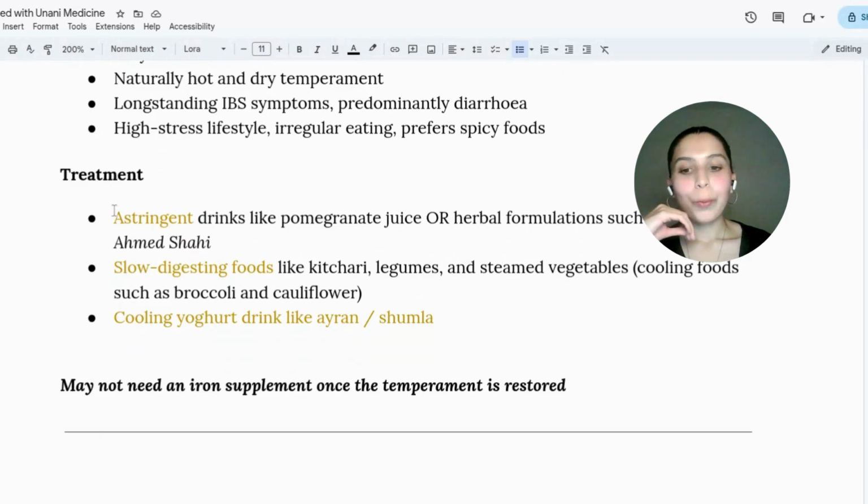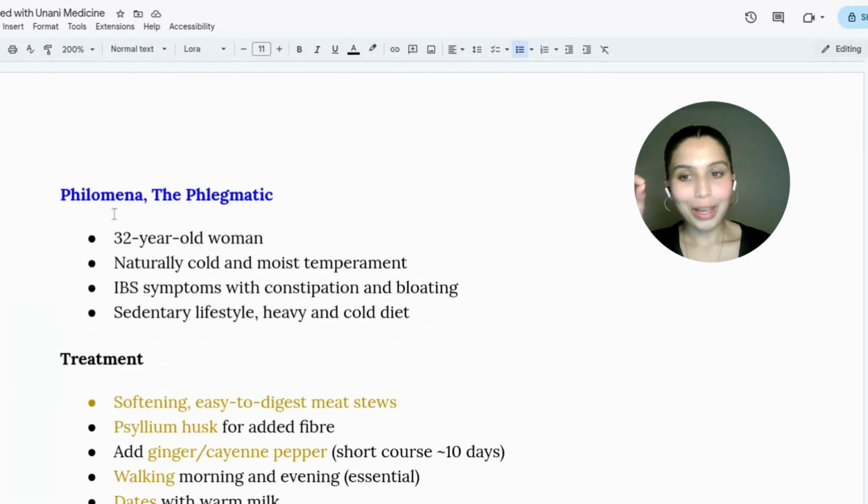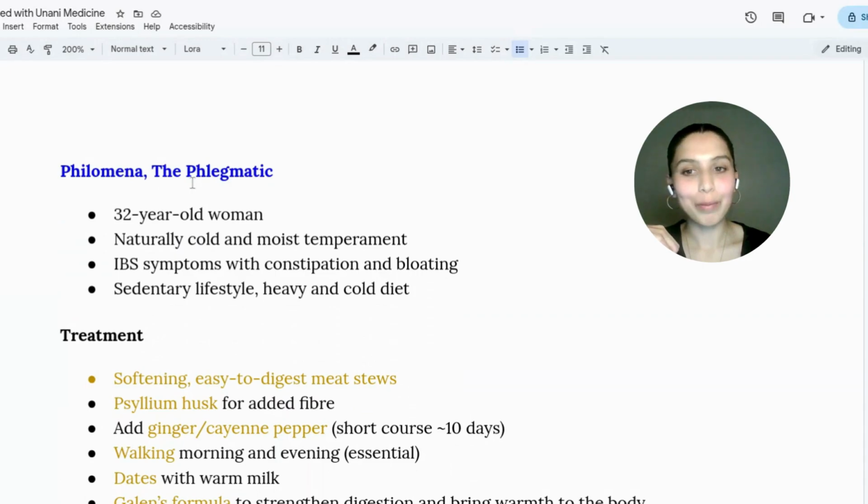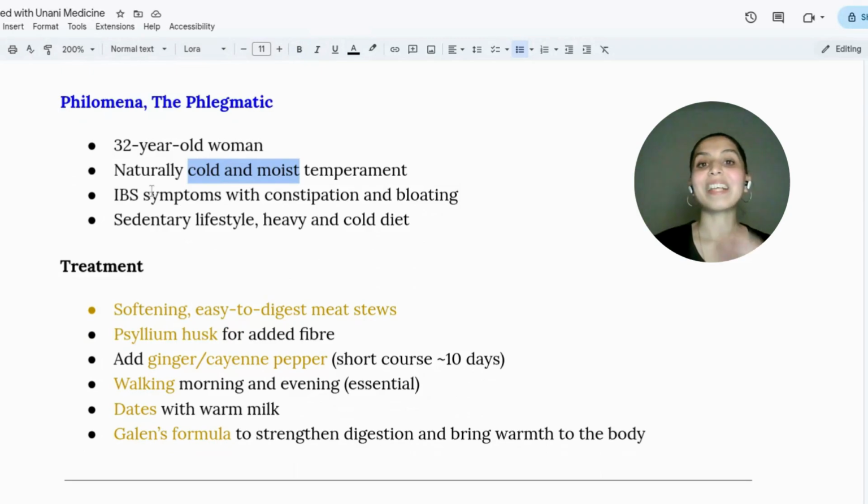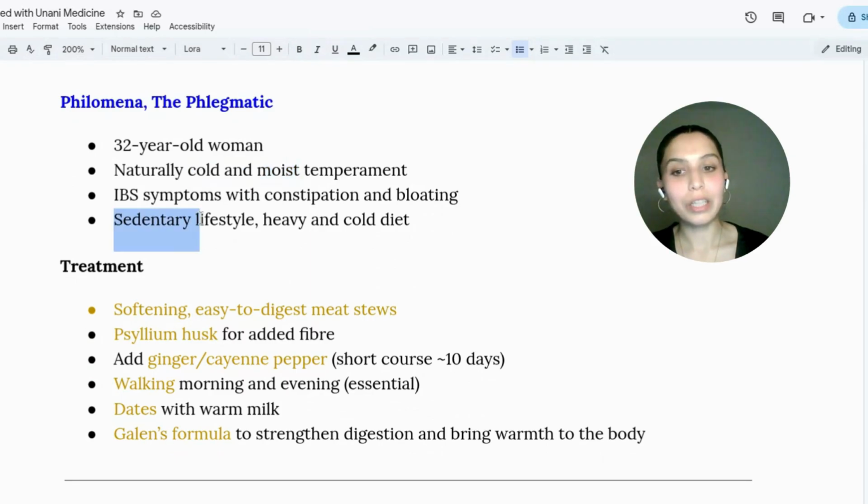Okay, so another example, we have Philomena the phlegmatic. The phlegmatic body type is someone who is naturally cold and moist, and in her case, she's become excessively cold and moist, and this is because the majority of her life is sedentary, and she has a lot of cold foods.